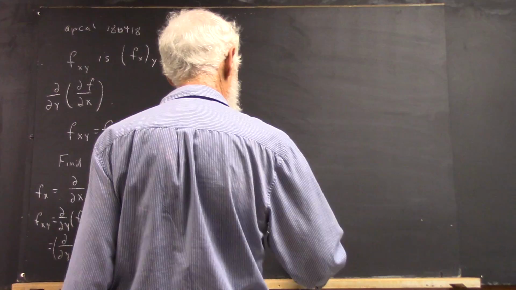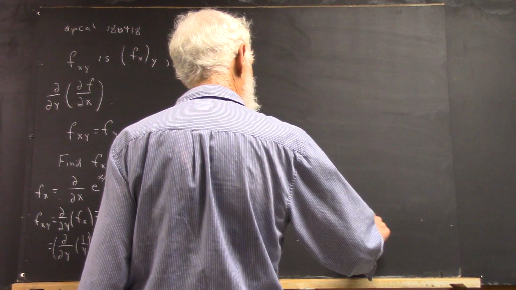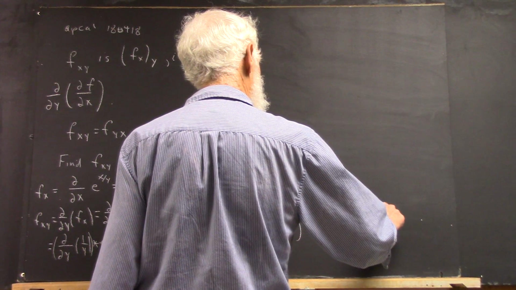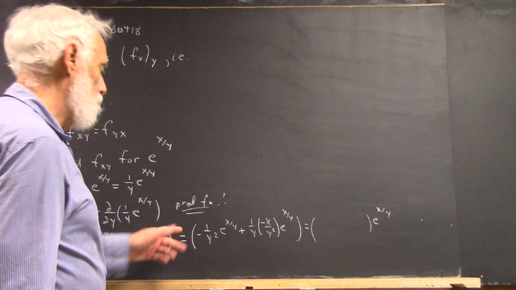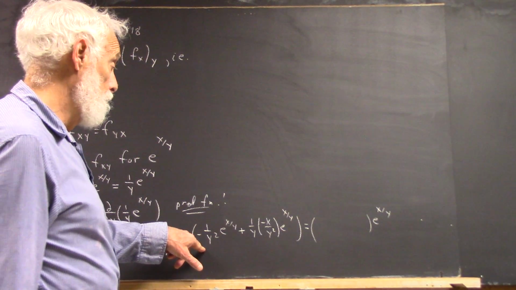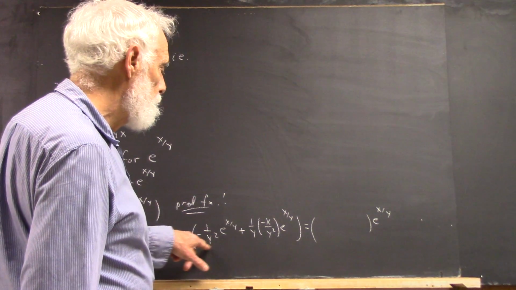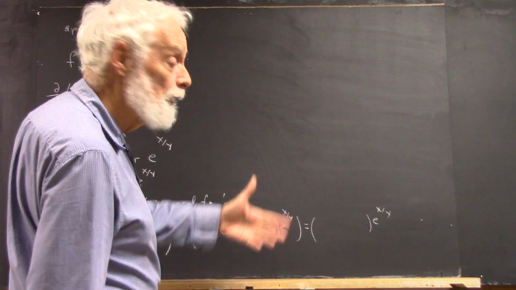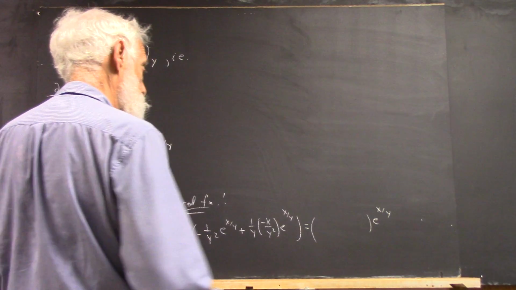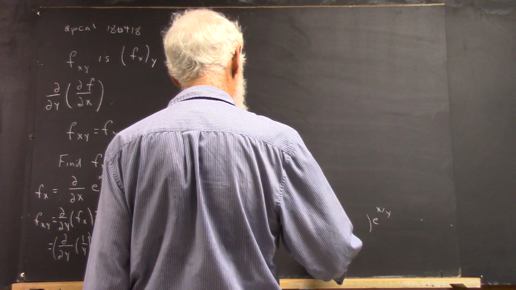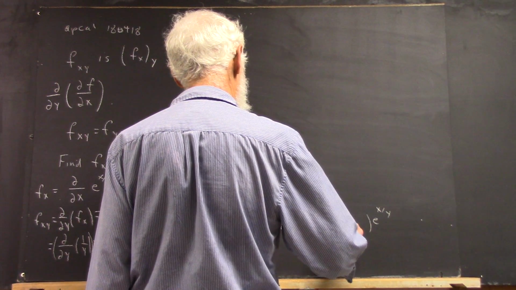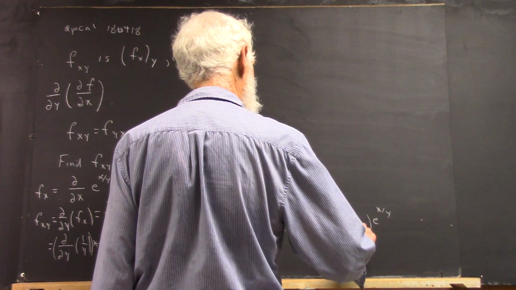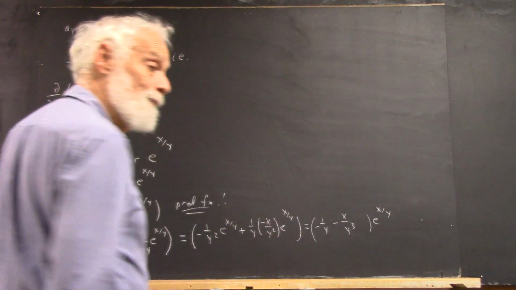And then we can factor out the e to the x over y, and then just do the algebraic simplification here. And actually, we could factor out a y squared from the denominator, couldn't we? If we didn't factor out the y squared, we would have negative 1 over y minus x over y cubed times this.